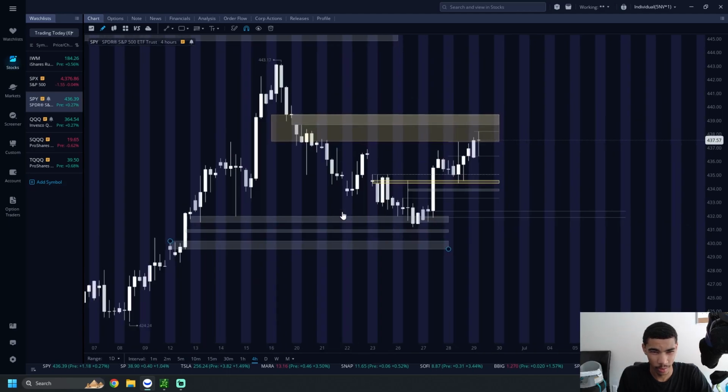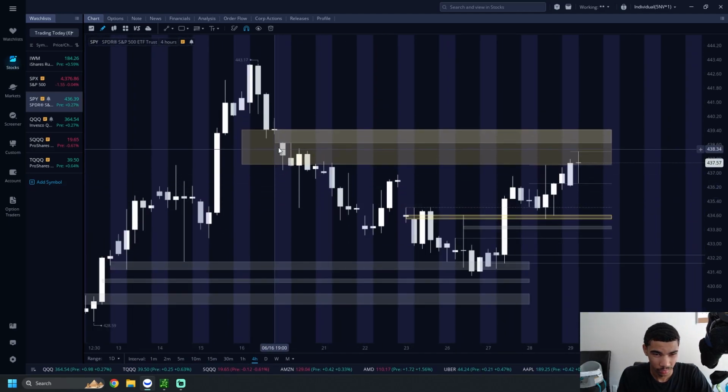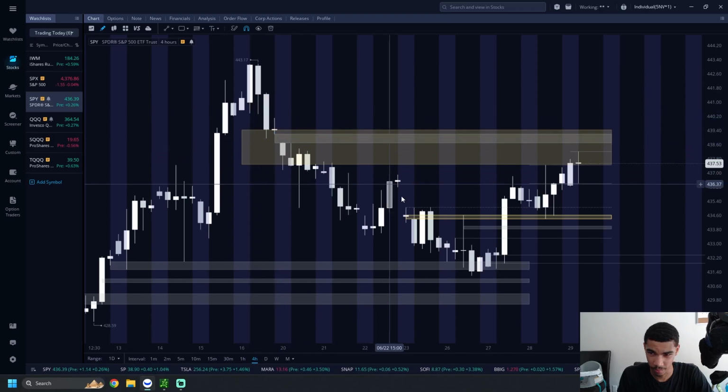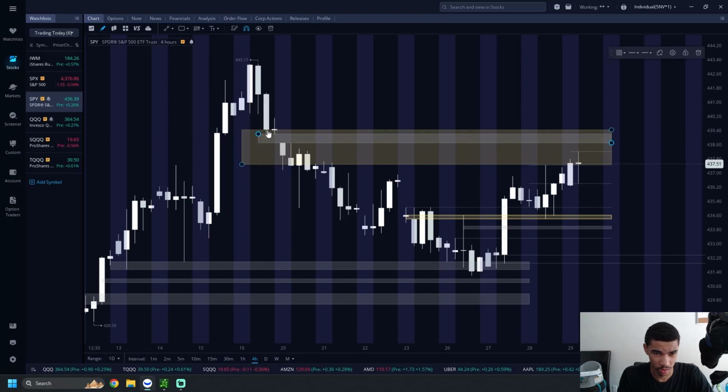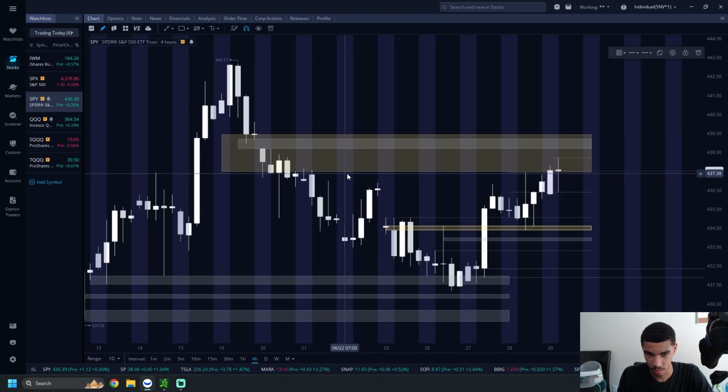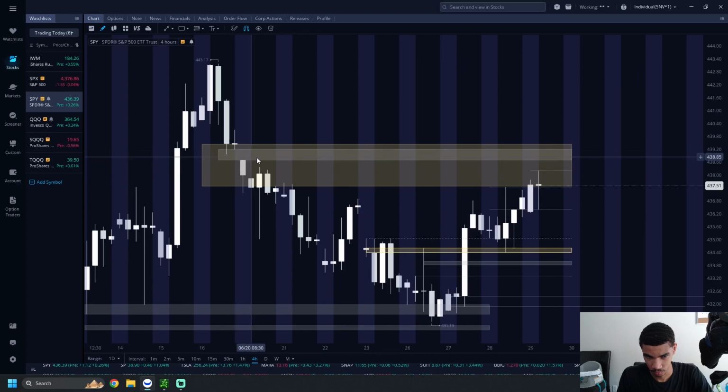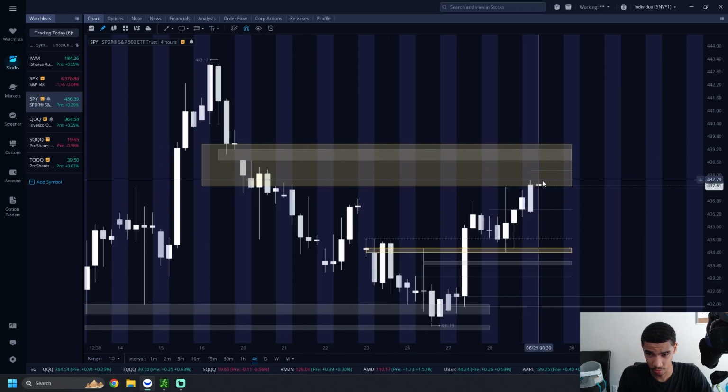See how that looks on the 4 hour? We could make it smaller so it's just the actual gap. And if you see, we wicked into here already, so we wicked into here previously. So this gap could be a potential level to watch if we break our pre-market highs.